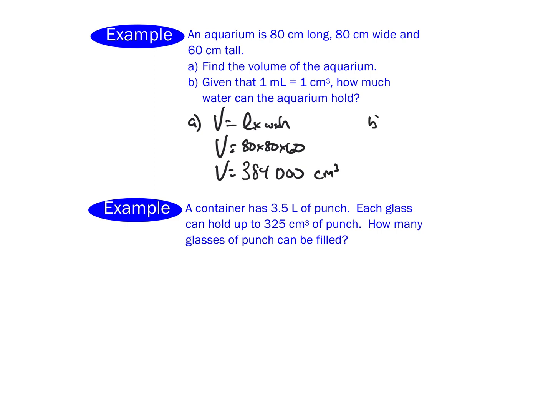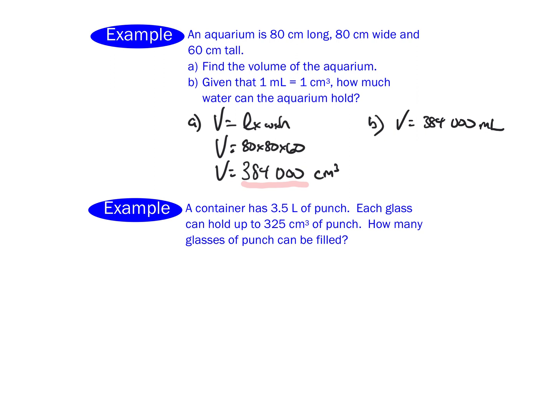Part B, given that 1 milliliter is equivalent to 1 cubic centimeter, how much water can the aquarium hold? Well, what that really means is we can take this number, 384,000, and write it out in milliliters.